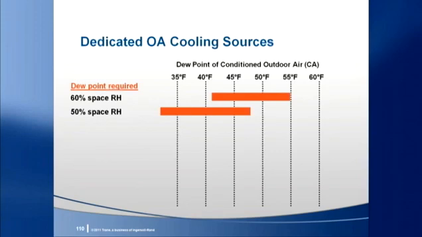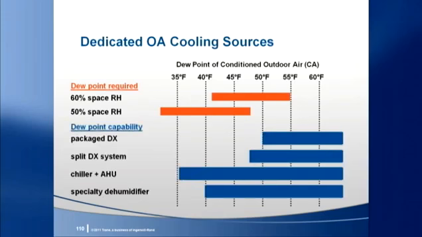This assumes that the dedicated outdoor air unit removes the entire space latent load, requiring the local units to provide only sensible cooling. As Ronnie explained with his chart, this is a range because ventilation rates and space latent loads vary by application. The bottom part of this chart depicts the typical range of dew points that can be achieved by the various types of equipment.